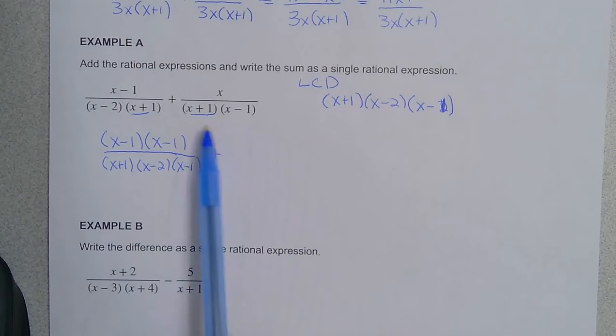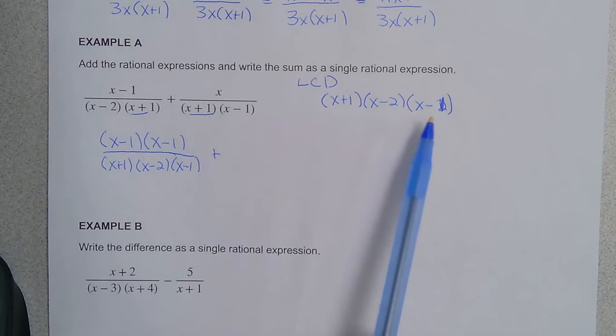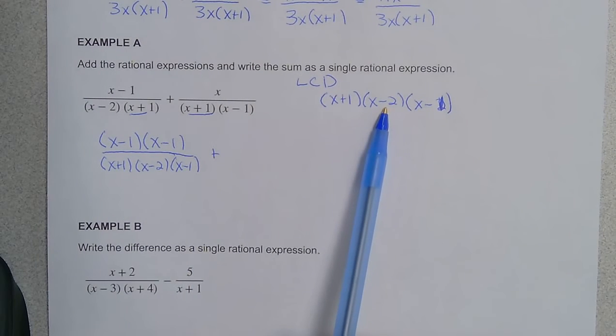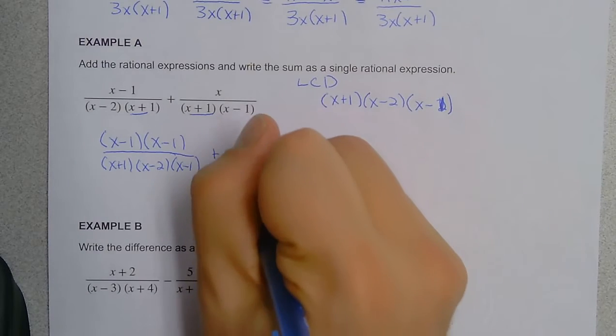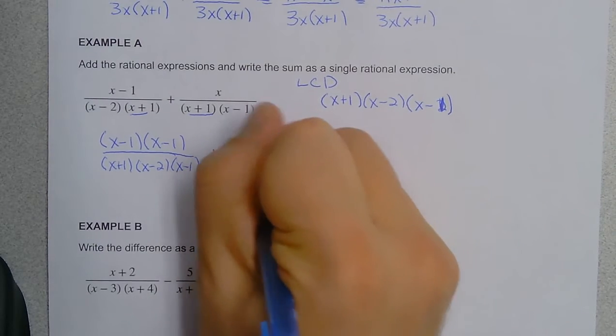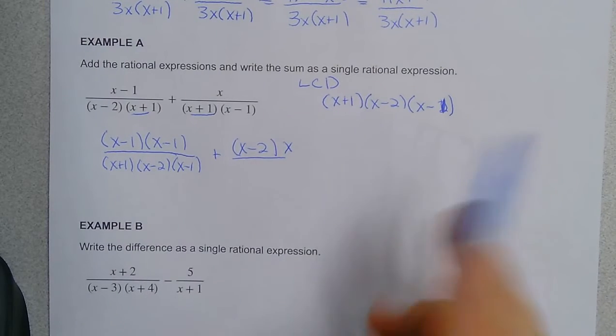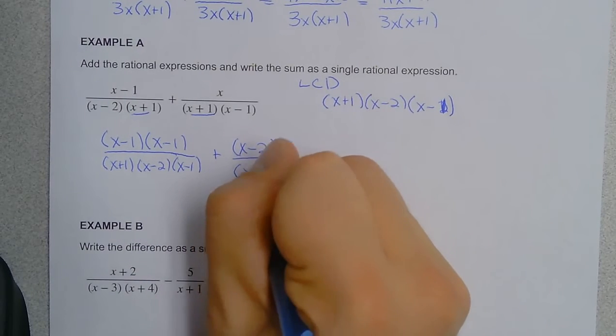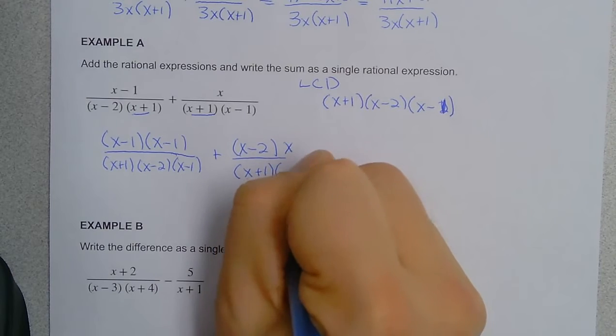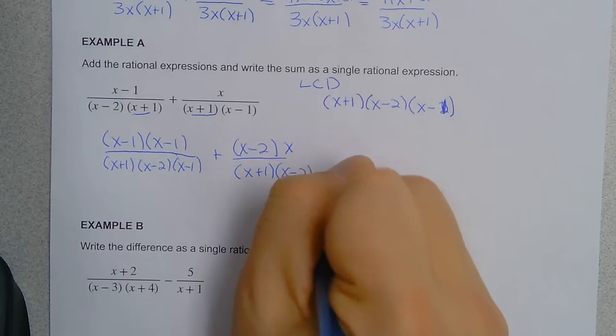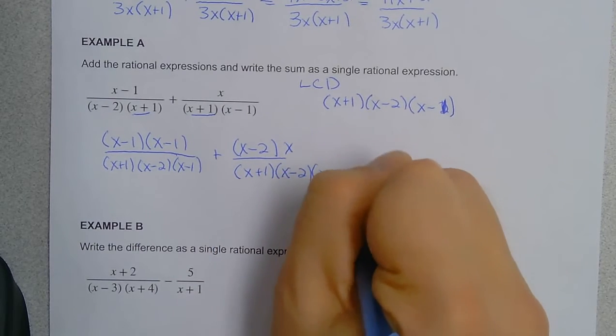And then for the second one, I have x plus 1 and I have x minus 1, but I need an x minus 2. So I'm going to take the x minus 2 and multiply it by x. And then my denominator is going to be (x plus 1)(x minus 2)(x minus 1).